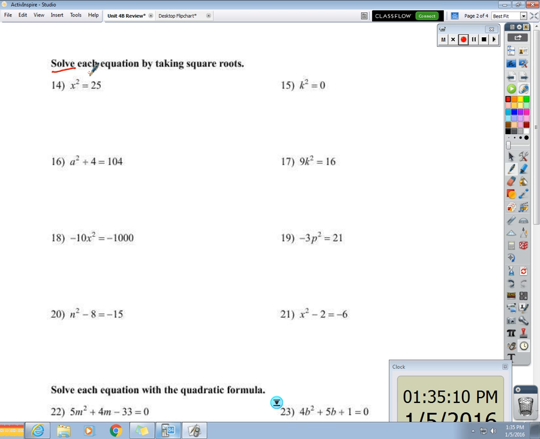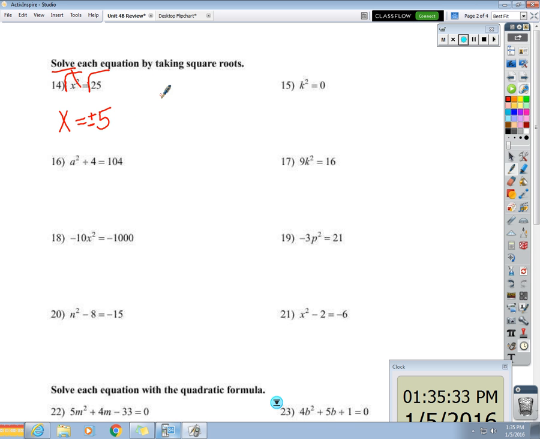Square root it. Remember, you would only divide if it were times 2, but this one's squared, so you square root it. And then we square root this side, so we end up with x equals... However, I know since this problem is squared that we have two answers. One answer is positive 5, and the other answer is negative 5.